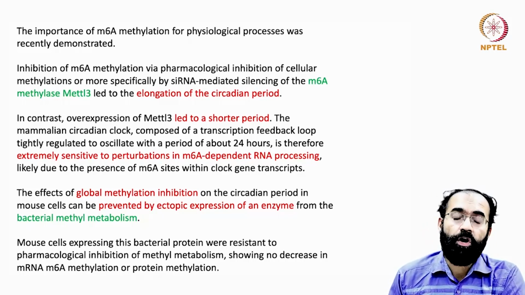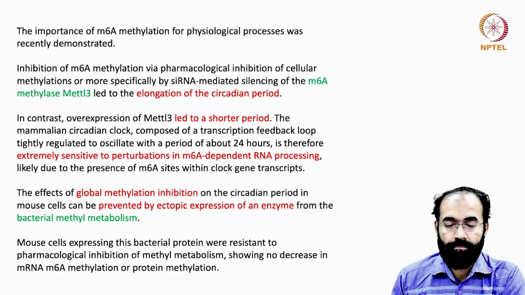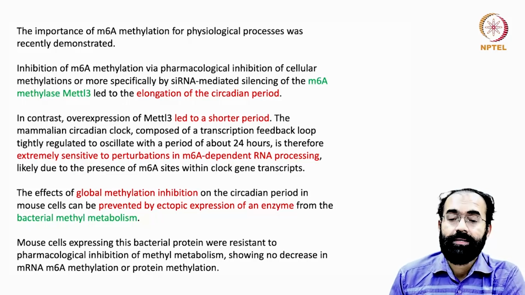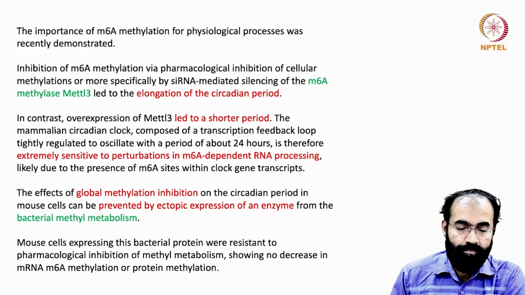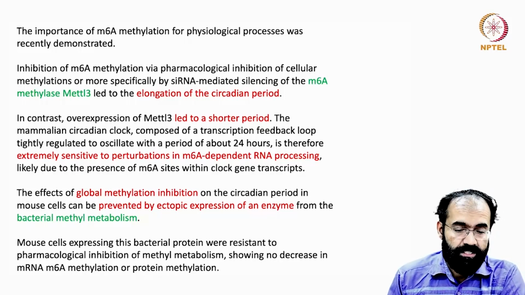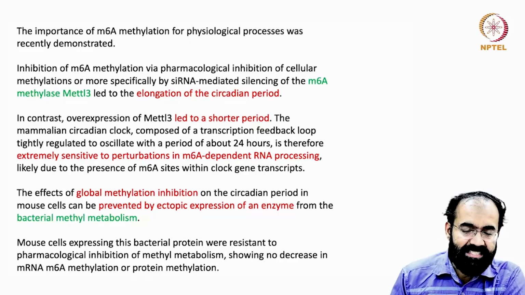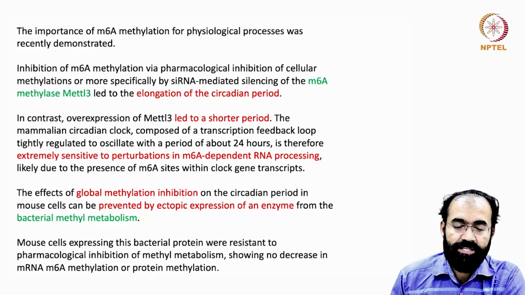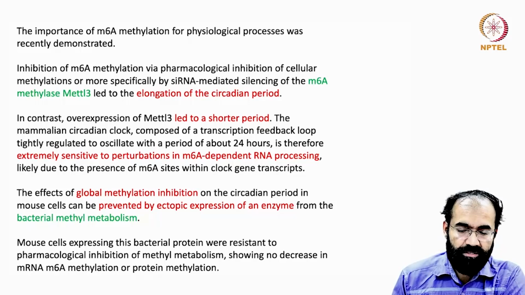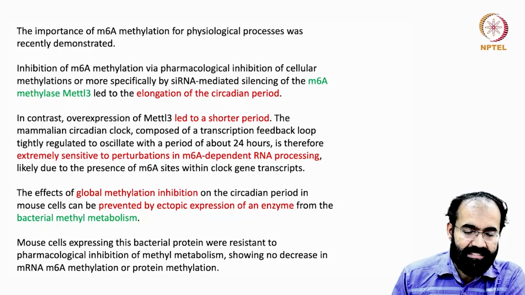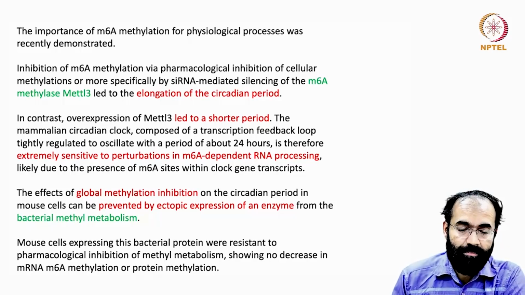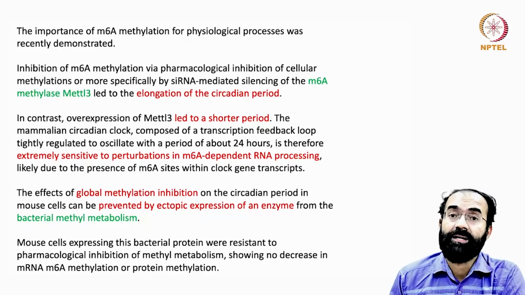If you knock down the methylases, you have a prolonged circadian rhythm, but you can counter it by using an enzyme that is part of the bacterial methyl metabolism. Mouse cells expressing the bacterial protein were resistant to pharmacological inhibition of the methyl metabolism, showing no decrease in mRNA M6A methylation or protein methylation.